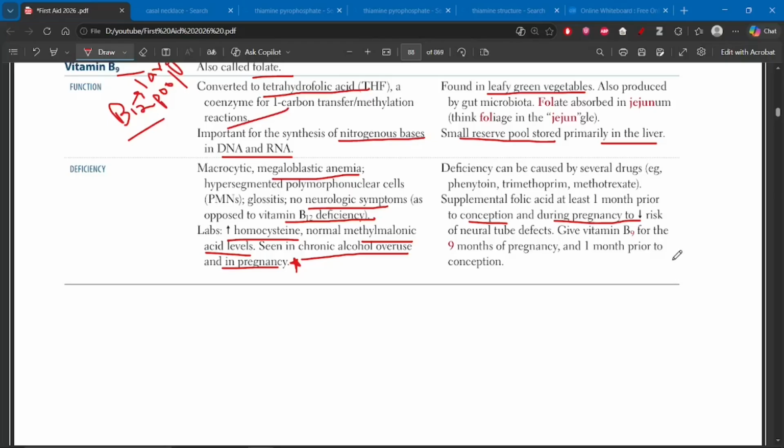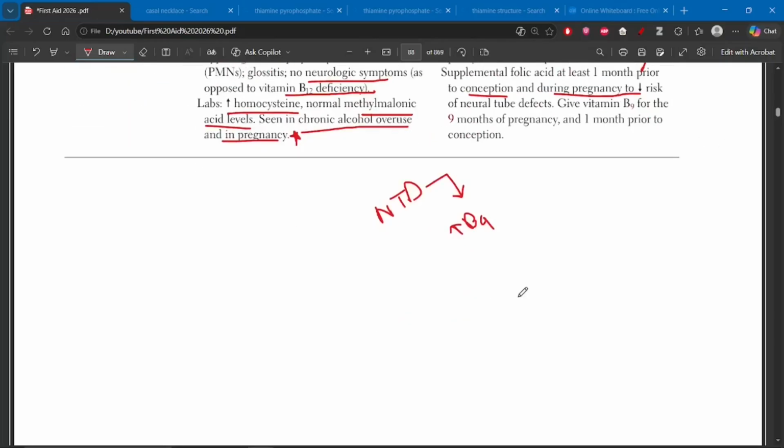If the female has a history of neural tube defects in a previous pregnancy, she needs an increased dose, so she needs more B9. Also keep in mind these drugs as well.